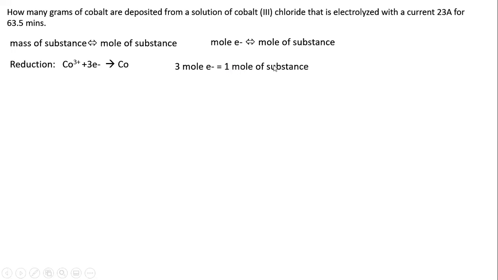If we know the moles of electrons, we can convert it to the moles of substance. To find the moles of electrons, we have to know the charge divided by the Faraday constant. Faraday is a constant. We need to know the charge in order to determine the moles of electrons.